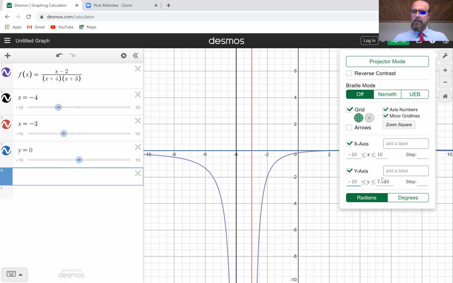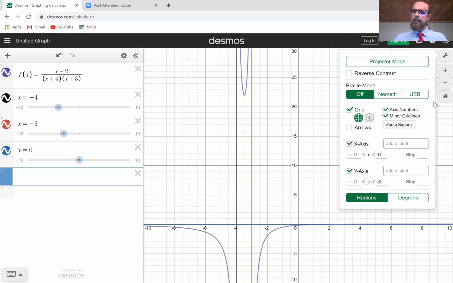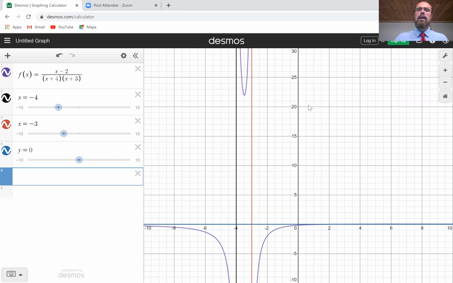So I'll leave that at -10. Let's see if there's any part of the graph on the upper side. So let's go to +30. And sure enough, I see the graph has a small kind of even type function there in between -4 and -3. So I did want to see if that existed there, and it does. So I'll remember to put that above the x-axis.